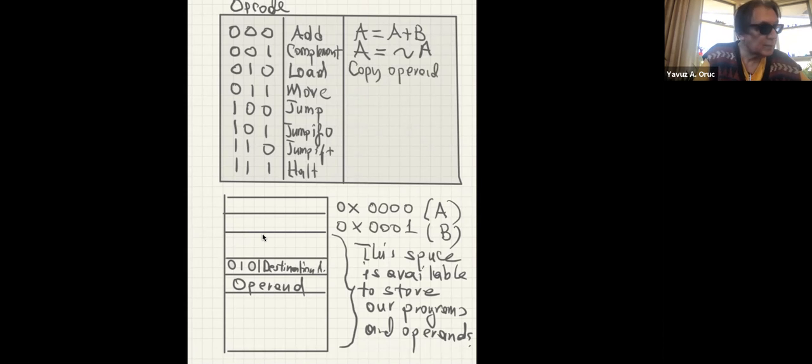Maybe I should not say copy, but say load. So this was our load instruction. Let's just call this load.